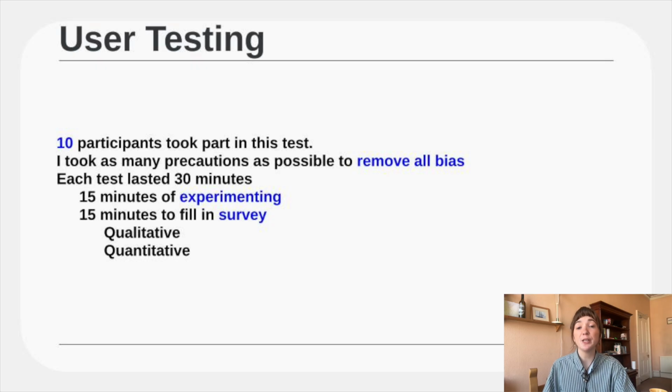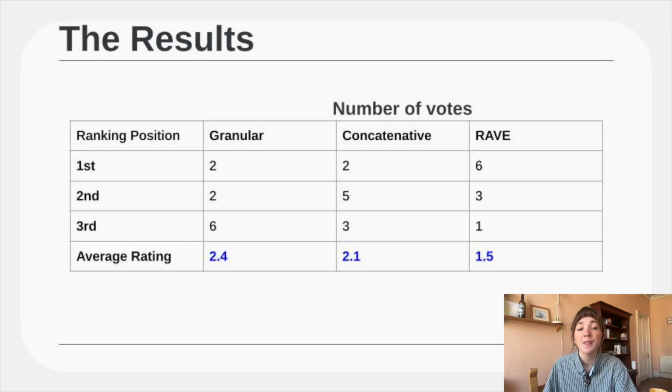Once they had done this for each tool, they were asked to fill in a survey where they were asked what they liked and disliked. These questions were left intentionally open-ended to encourage rich, qualitative feedback, and to rank the tools for some quantitative feedback as well. They were reminded throughout this process that the focus was on creativity and not realistic reconstructions.